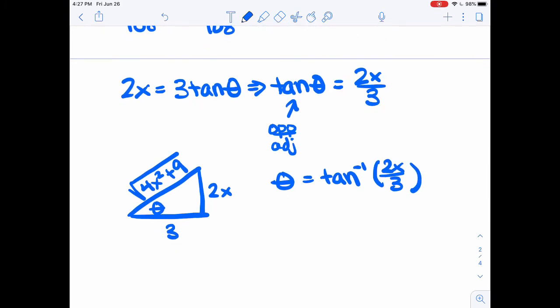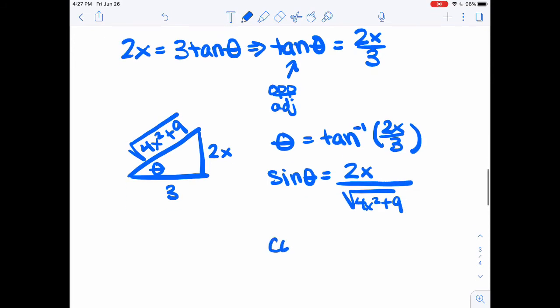And then from this triangle, we have sine theta. Sine is opposite over hypotenuse, so 2x over the square root of 4x squared plus 9. And cosine theta is adjacent over hypotenuse, so 3 over the square root of 4x squared plus 9.